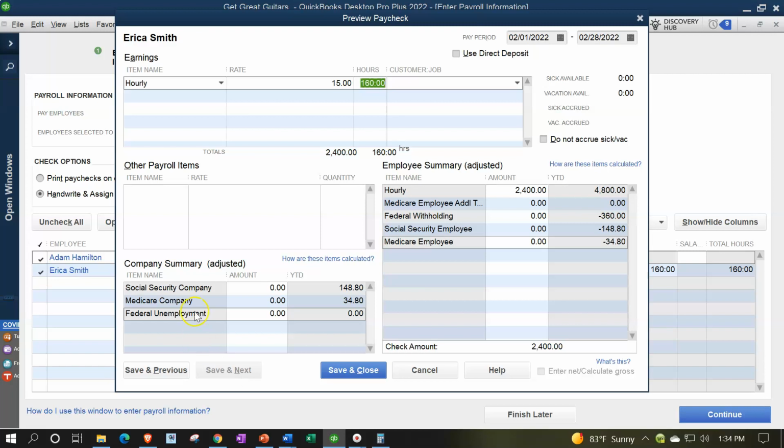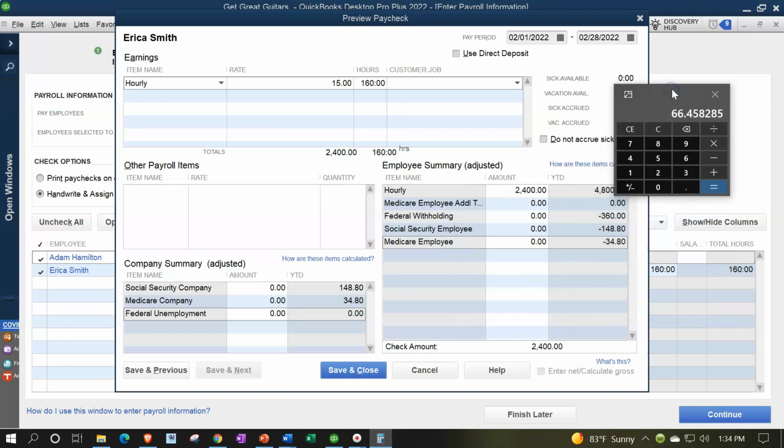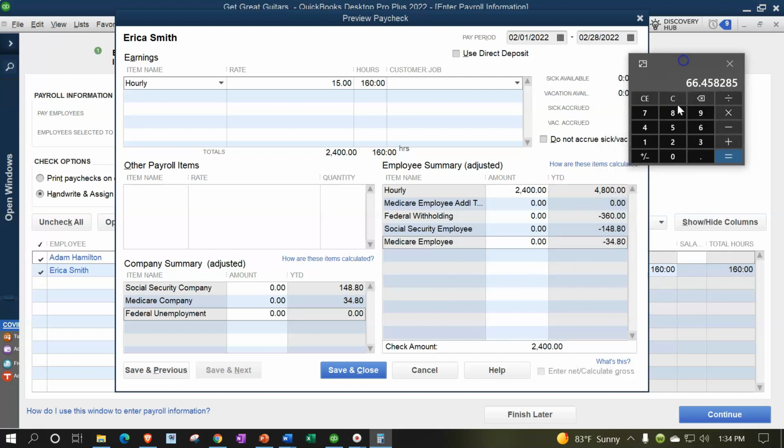So we're going to keep it at the 15. So 160. So we've got the 2,400. Let's keep it at that. And then we're going to say that the federal taxes, I'm going to say, are 360. Those are the ones we'd get from a table. Those are the complex ones.